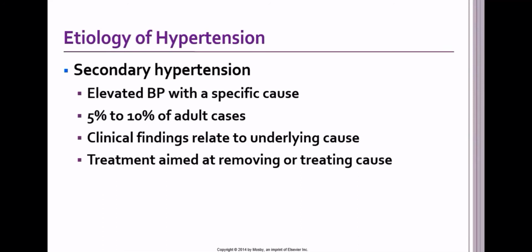Clinical findings that suggest secondary hypertension will relate to the underlying cause. For example, an abdominal bruit heard over the renal arteries may indicate renal disease. Treatment of secondary hypertension is aimed at removing or treating the underlying cause. Secondary hypertension is a contributing factor to a hypertensive crisis.